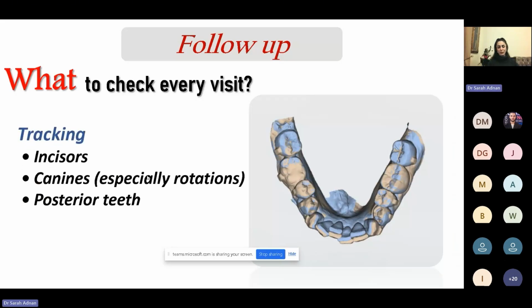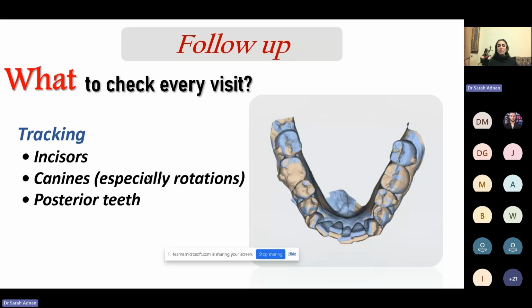Also, we should check for tracking. Tracking means: does the tooth move as planned? Mostly, the most important teeth to check are the incisors, the premolars, the posterior teeth, and the canines. The canines and the premolars are extremely difficult teeth in rotational tooth movement because of their conical shaped roots. That makes tooth movement very difficult during rotation.